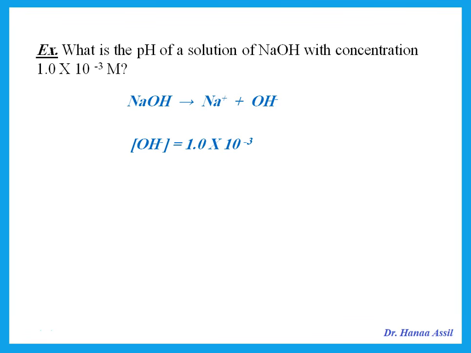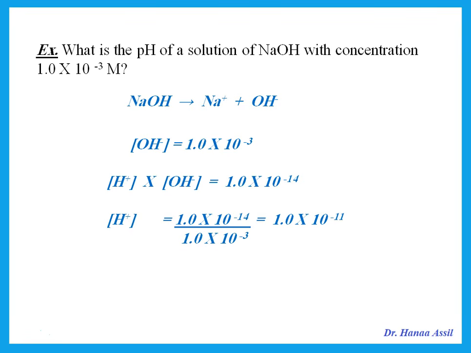He is asking for pH. But I should know that concentration of H+ times concentration of OH- is 10 to the minus 14. So I can get the concentration of H+ ions, which is 10 to the minus 11. Now, once I know that, pH is minus log concentration of H+ ions. So the minus log of 10 to the minus 11 is 11.